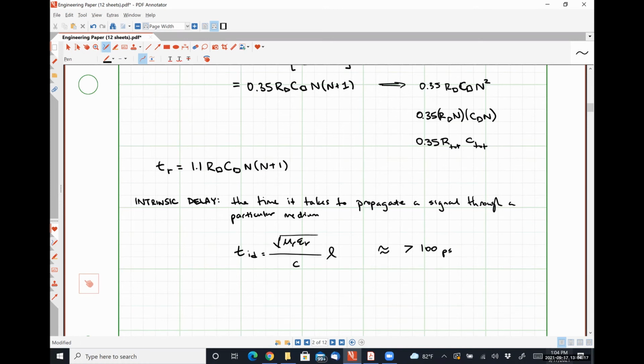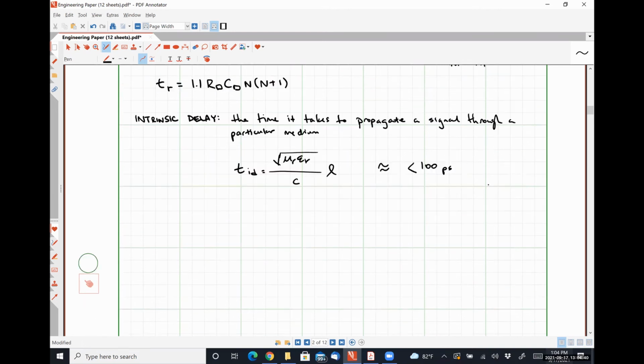Typically speaking, it's going to be smaller than that. Actually, that's wrong, I meant less than, sorry. So less than 100 picoseconds, or 10 to the minus 10 seconds roughly, or smaller. So let's work an example here real quick, and this will be the last thing we do for the day, so that I can finish up your homework assignment.